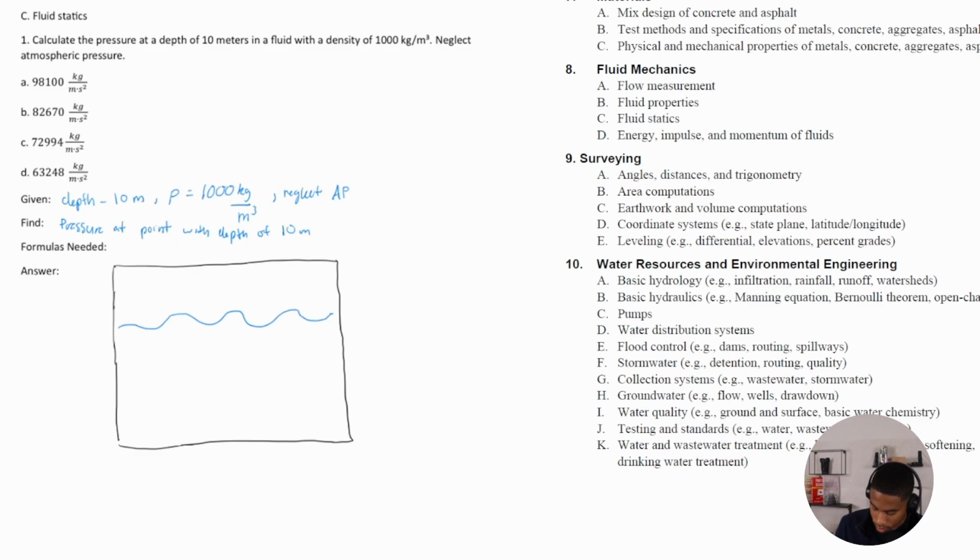The top, right? And we are trying to find the pressure at this point. The distance from here to here is 10 meters, right? And we just want to find the pressure with that depth of 10 meters. And we know the density of this fluid is 1,000 kilograms per meter cubed.